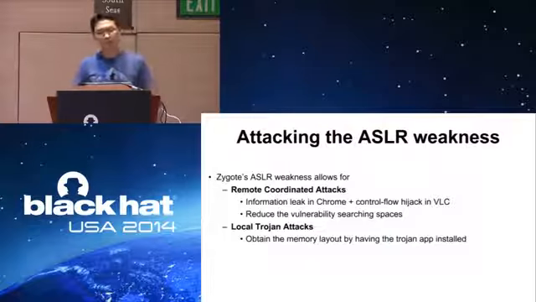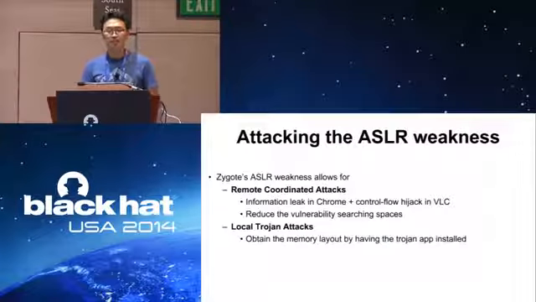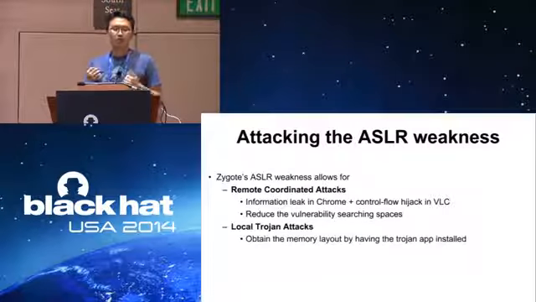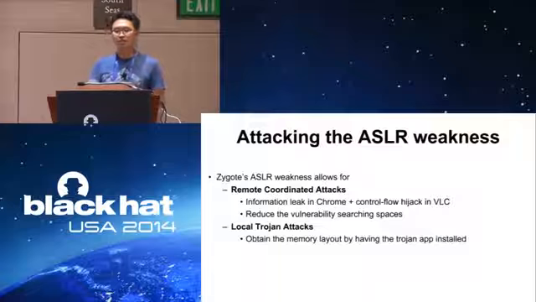So yes, we can reduce the vulnerability search space in this case. We can also do local Trojan attacks. If the user simply installs some simple application, that application can always void the ASLR because it can run native code, and that native code can discover the whole memory layout and then send it over.